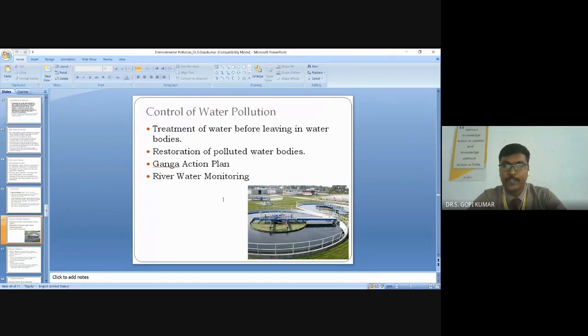Treatment of water before release into water bodies: Tirunelveli is one of the largest corporations where an excess amount of sewage is collected and properly treated, and then supplied for irrigation. Then restoration of polluted water bodies, a proper action plan for treating the Tamirabarani river is essential, and real-time river water monitoring is one of the factors to control water pollution.